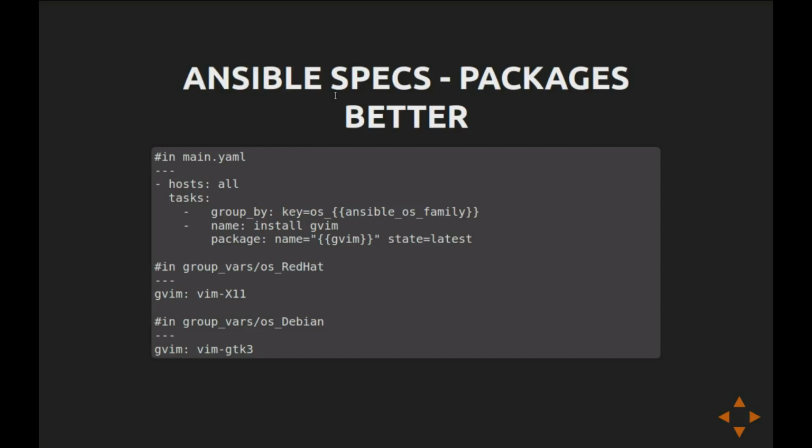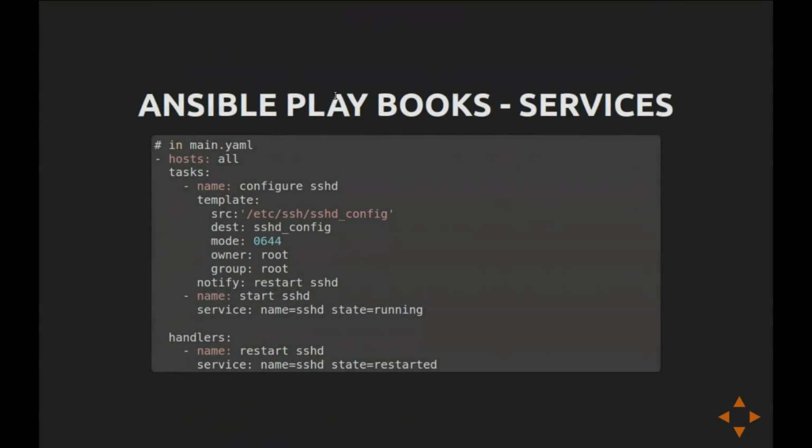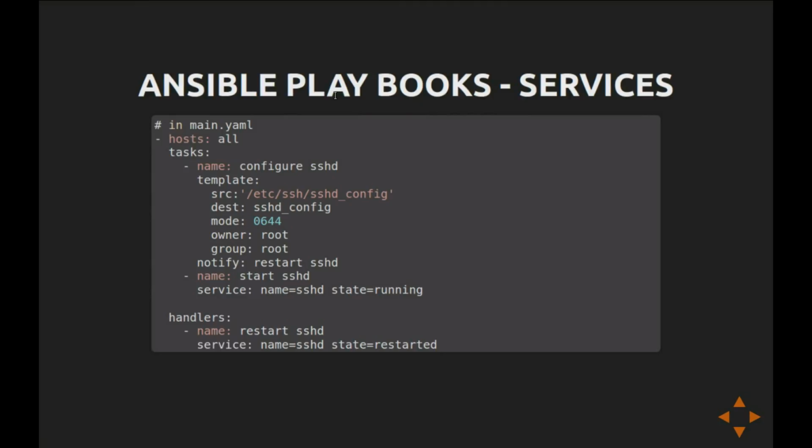And we would say group by key, OS, Ansible family. So then it's going to group them by each Ansible configuration. And then each group will then dynamically pick up these additional values that we specified in our configuration. So then we can have a single line that installs gvim across all of our different versions. So it's a much cleaner syntax than what you might see for Puppet.